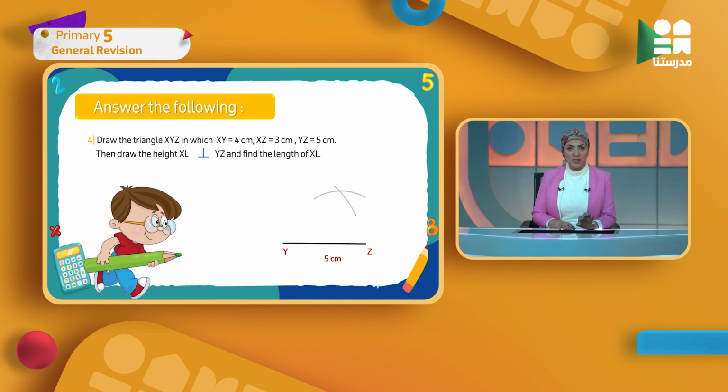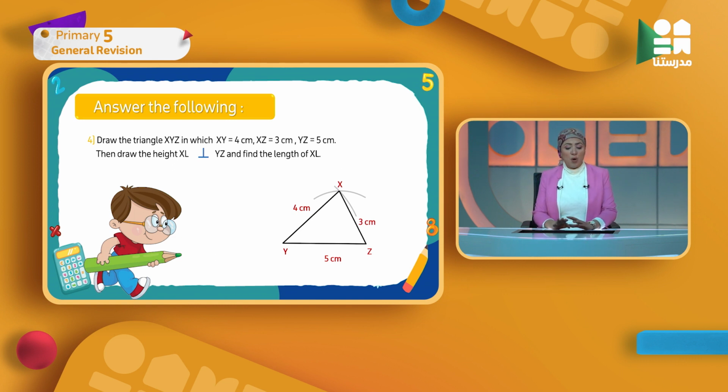So this is point X, from which I will join my other 2 sides. Then from the point X, which is the point of intersection of my 2 arcs, I join the sides YX and XZ, where YX is 4 centimeters and XZ is 3 centimeters. Now I have drawn my triangle.